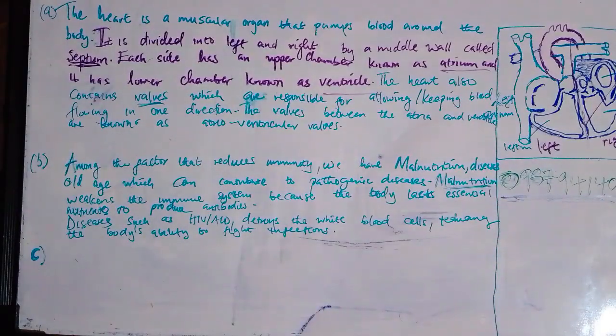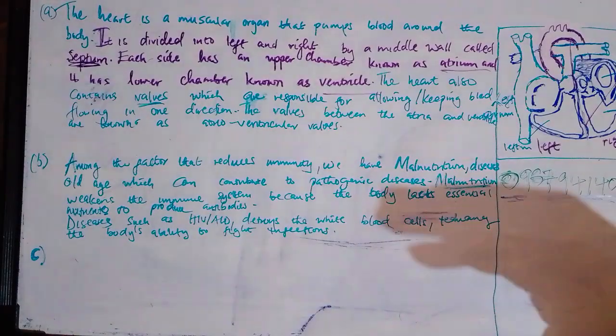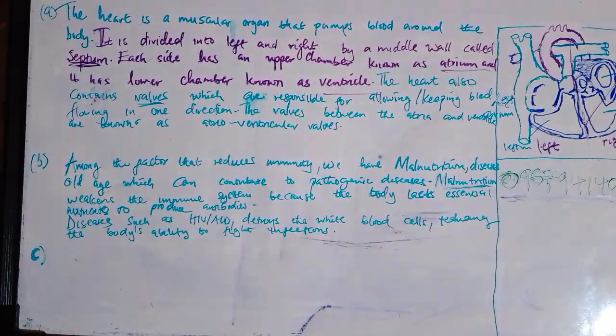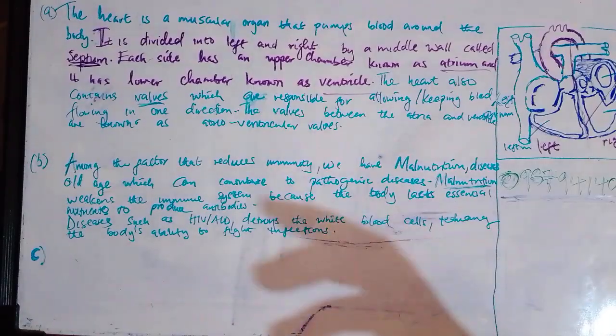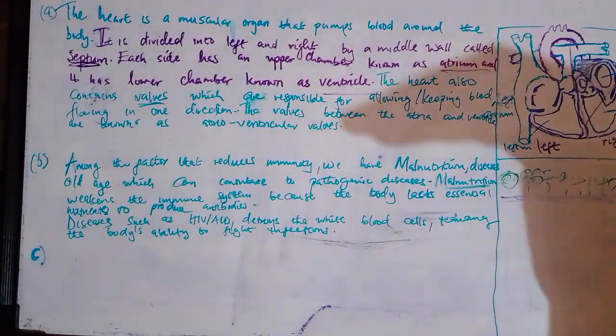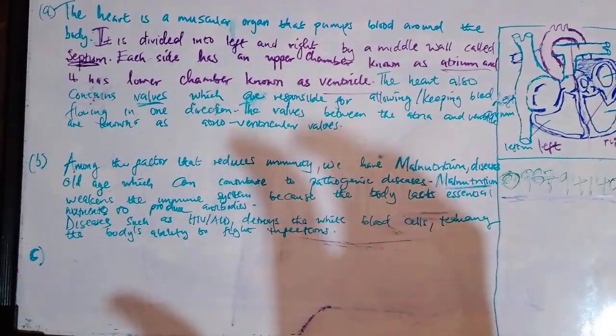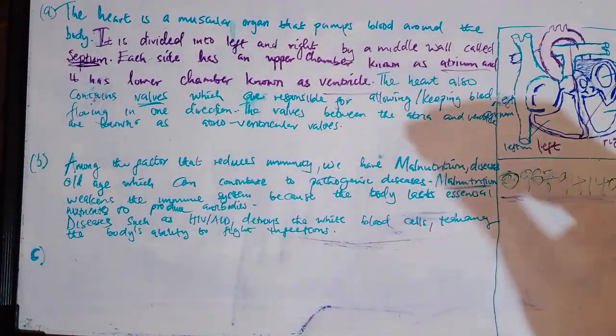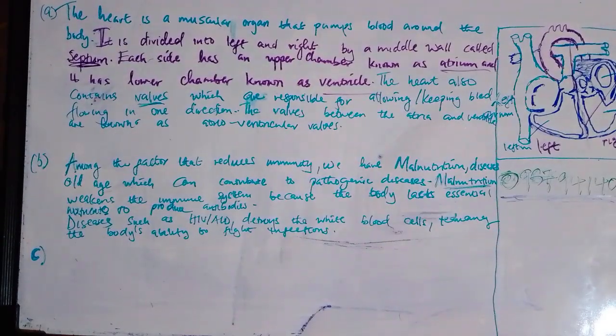So immunization, this is the process where you are injected with a certain type of dead bacteria, so that it stimulates your body to produce what? Certain antibodies, so that you identify that pathogen, so that next time you encounter it, your body is able to fight it. So now, why is it important?